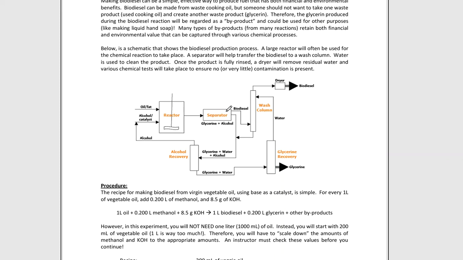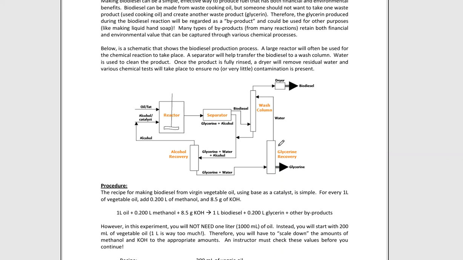And then the separator will also pull off the biodiesel and send it into what we call a wash column. The wash column will give us an area that all of our water can trickle through. The cleanup process of the biodiesel can happen in the wash column, and that way our biodiesel is somewhat trapped and it's not going to go anywhere, but we're also cleaning it at the same time.